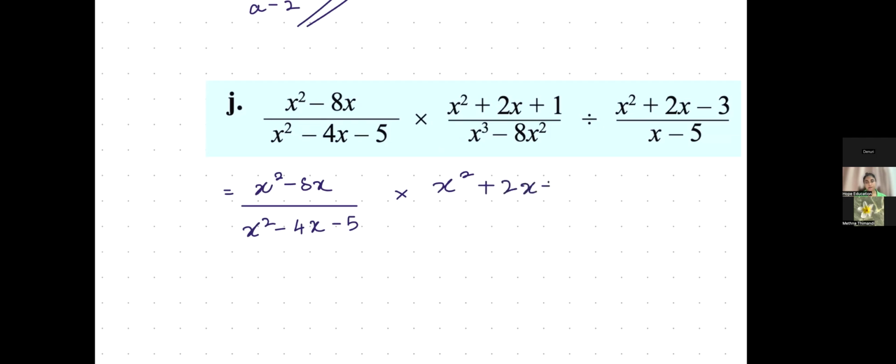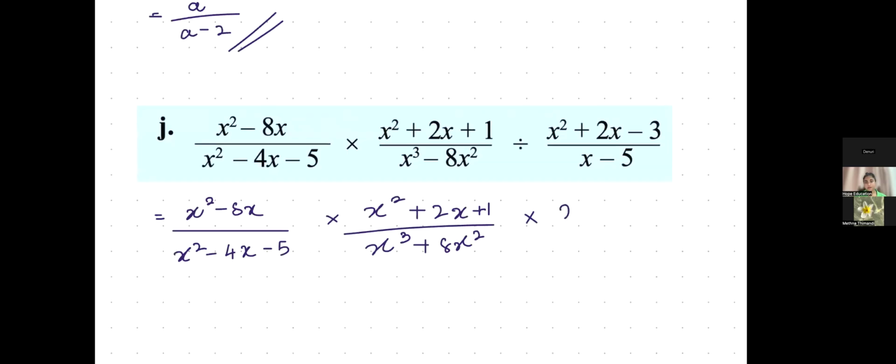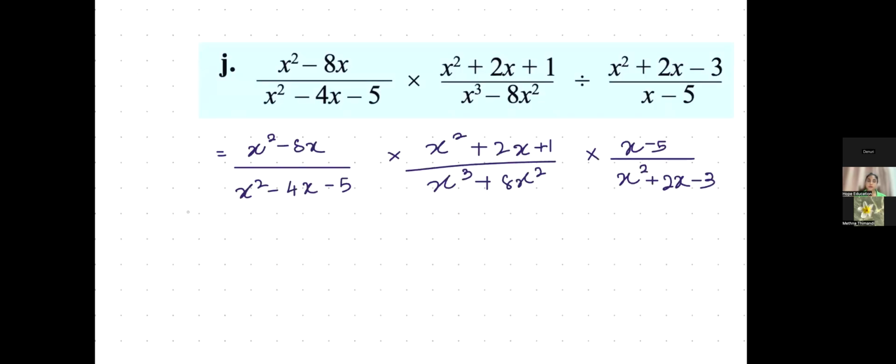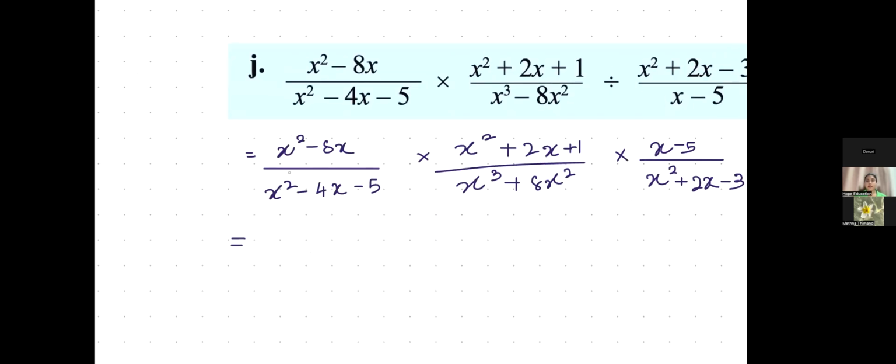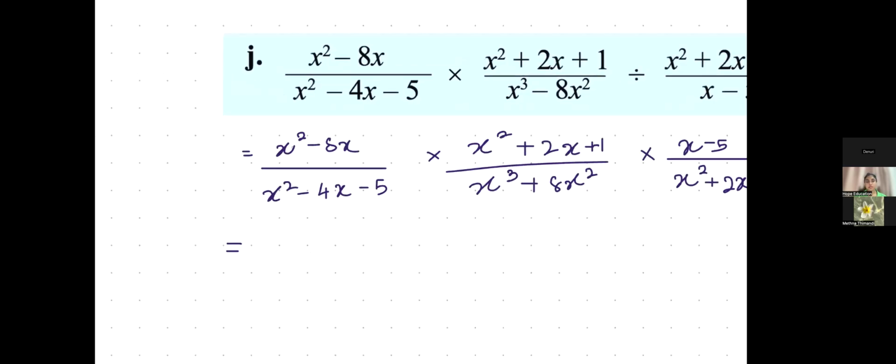Plus 1. x cubed plus 8x squared. Now here this becomes the reciprocal, division becomes multiplication, and x minus 5 goes up. x squared plus 2x minus 3 goes down. Okay. Now let's factorize. x squared minus 8x, here x is common, so I take x out.